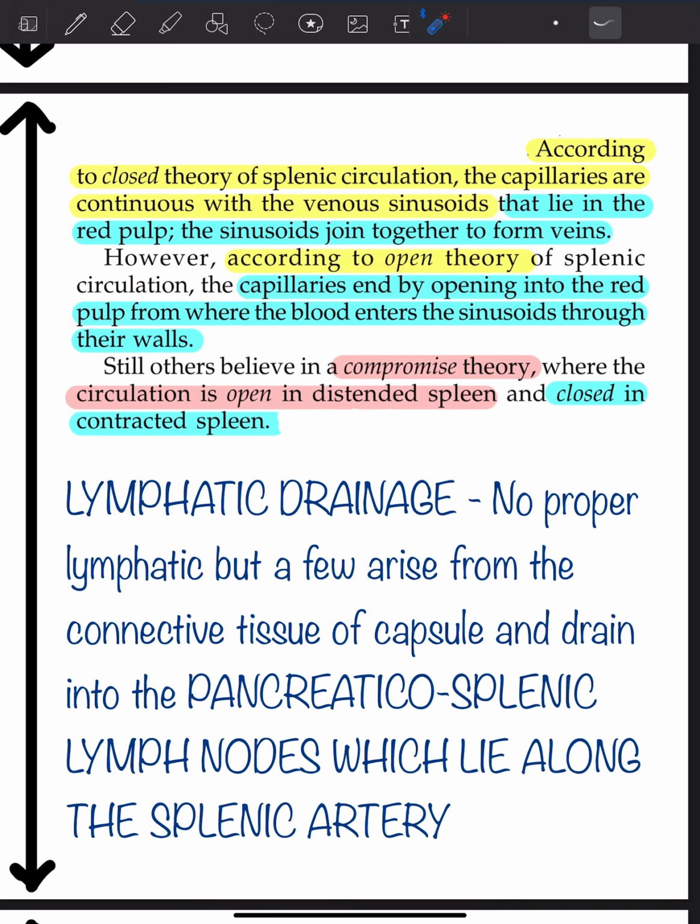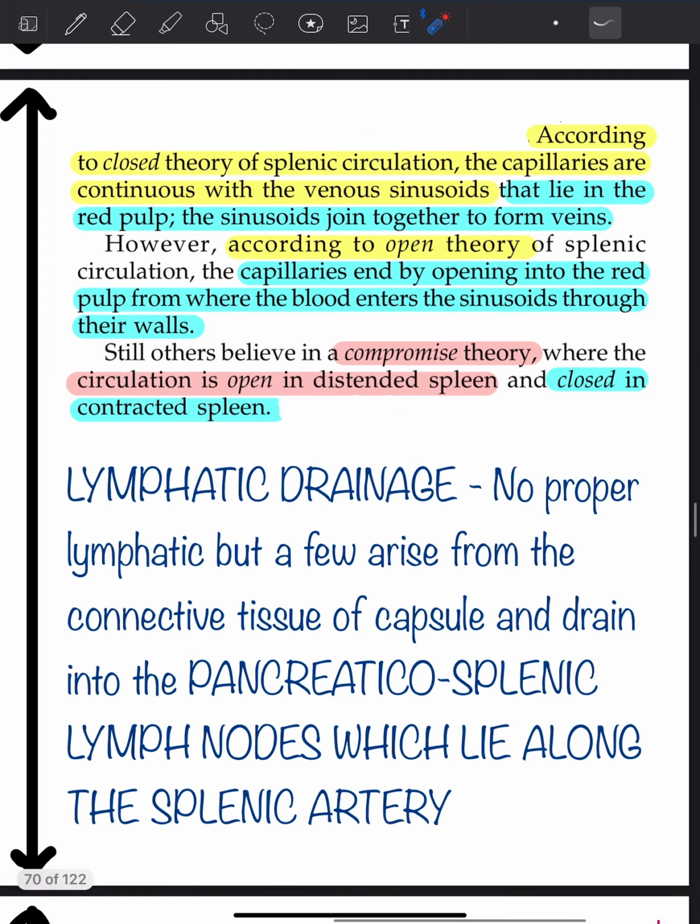They blindly open into the red pulp, it supplies the substance of the spleen, and then from the red pulp the blood is collected and it enters the sinusoids through their walls. So it's not a direct relation of the capillaries with the sinusoids, but rather the blood enters the sinusoids through their walls.